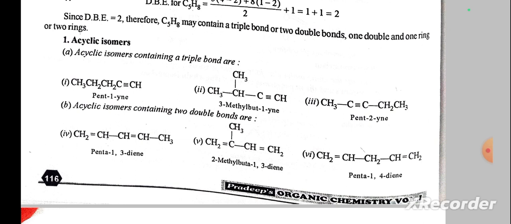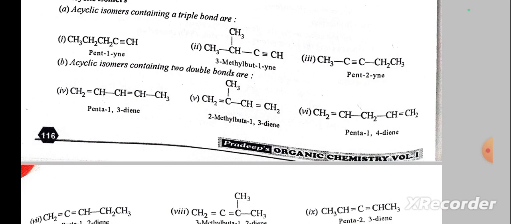B. Acyclic isomers containing two double bonds are penta-1,3-diene, 2-methylbuta-1,3-diene, and penta-1,4-diene.